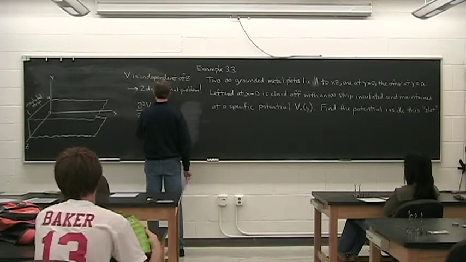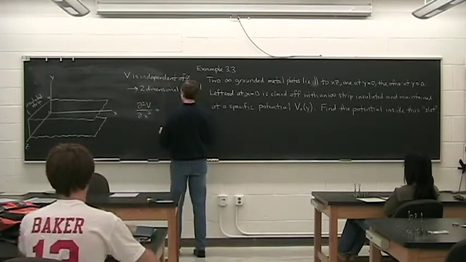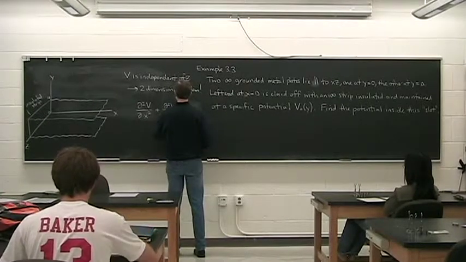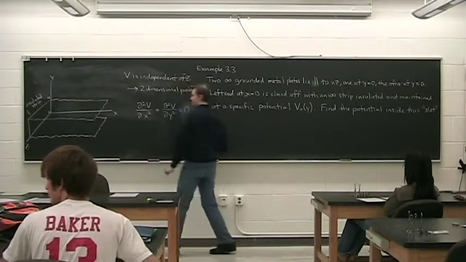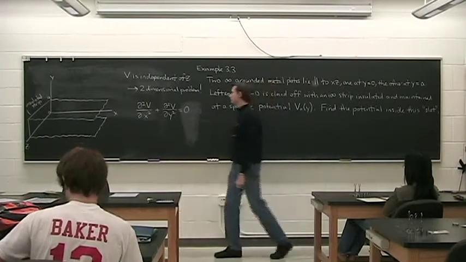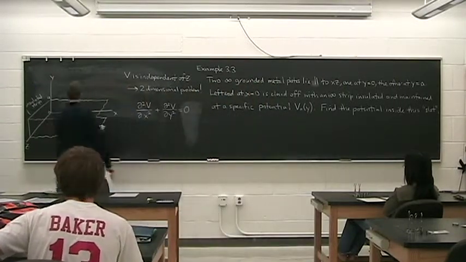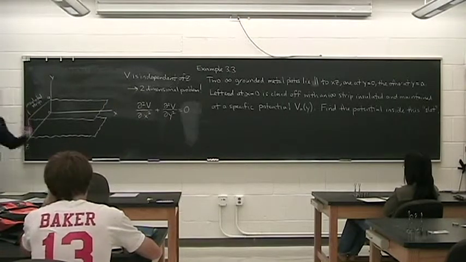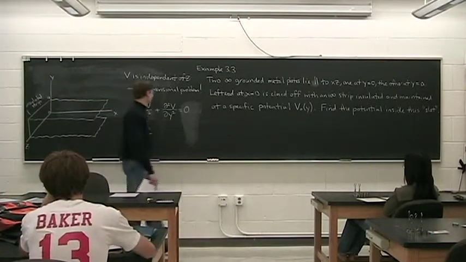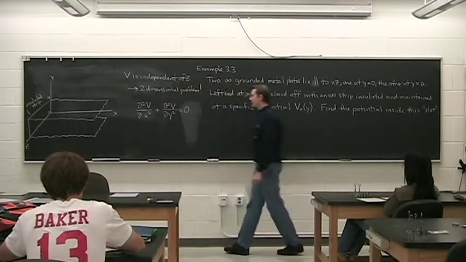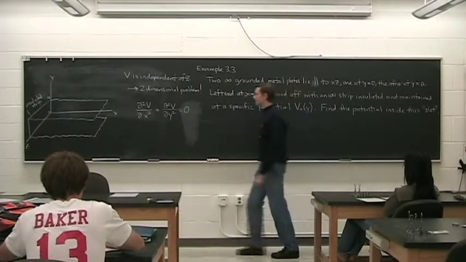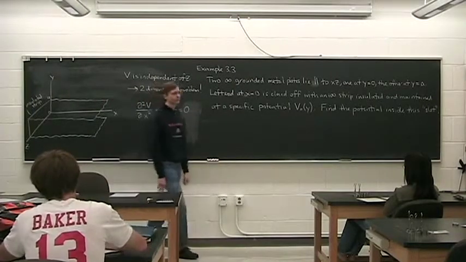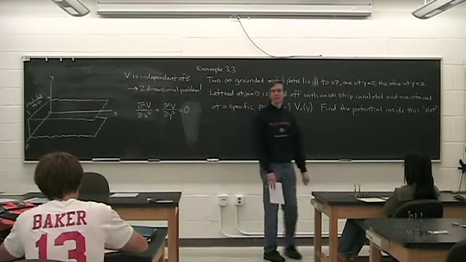The second partial of v with respect to x, plus the second partial of v with respect to y has to be 0. That's what we have to solve inside the slot between the two plates because there's no charge in there. And so, therefore, the potential satisfies Laplace's equation, and our job is to find a solution which satisfies the boundary conditions. That's what it comes down to.